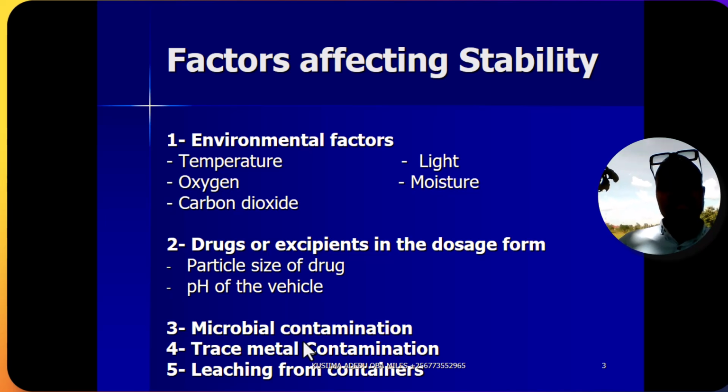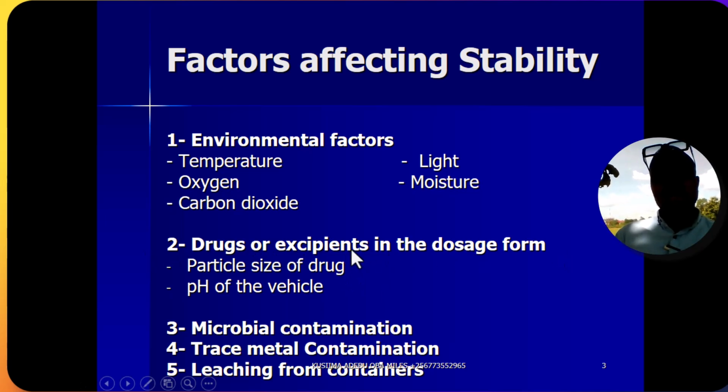Then drugs or excipients themselves can also affect stability. Number 2, excipients in dosage forms. For example, if you add excipients which are contaminated, they can cause microbial contamination. If you add excipients which maybe have oxygen, they may cause oxidation.